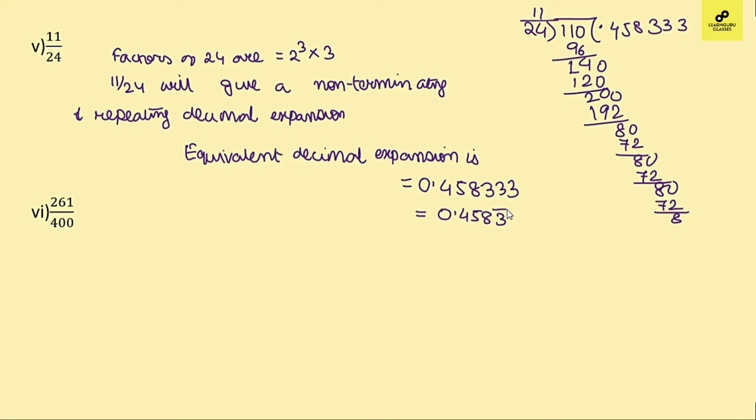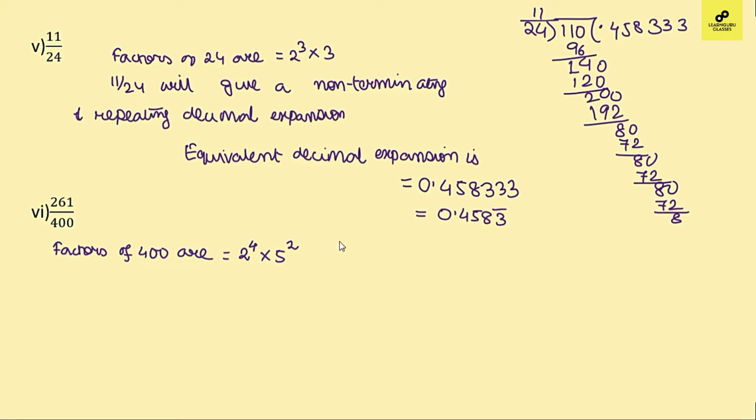So next sum is 261 by 400. So factors of 400 are, I am not doing the factorization. I hope you know the factorization. I am just writing down the factors of 400. It can be expressed as 2 to the power of 4 into 5 square.